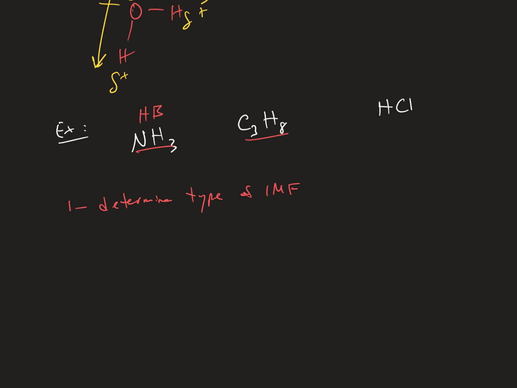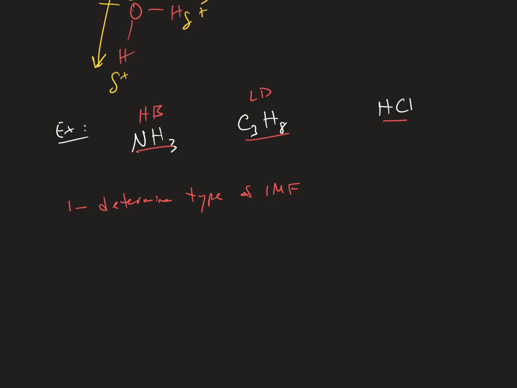Because if you think about the carbon-carbon difference in electronegativity, it's 0. That's not polar. What about carbon-hydrogen? 0.4. That's pretty low, right? There is a difference, and it has a slight dipole. That's why it has London dispersion force. So this is non-polar. This is London dispersion. Make sense?